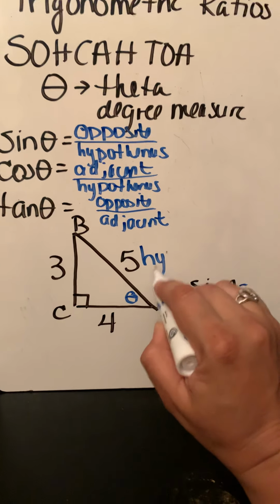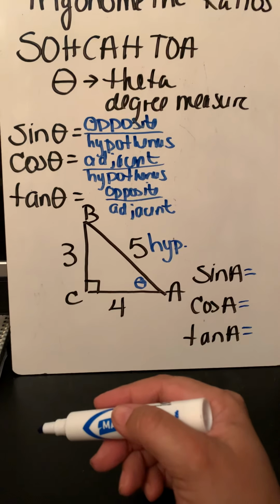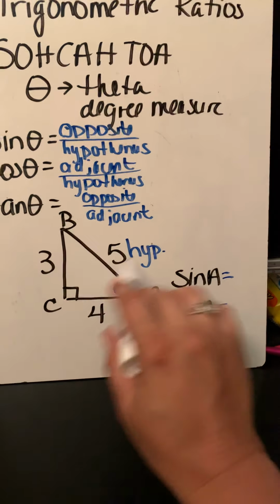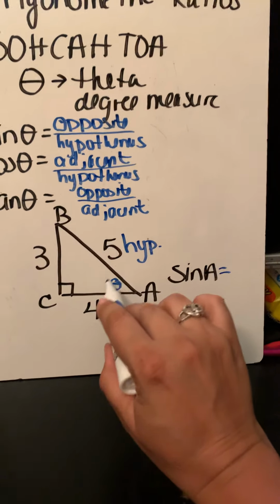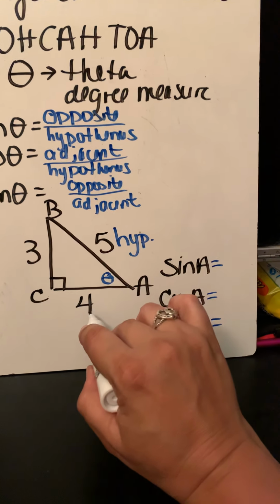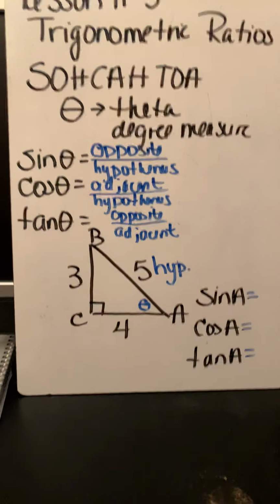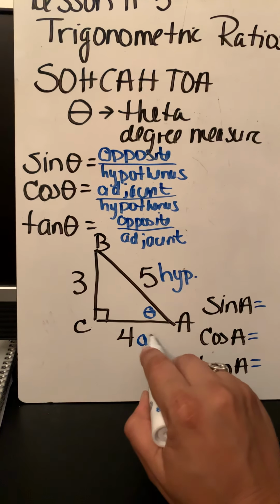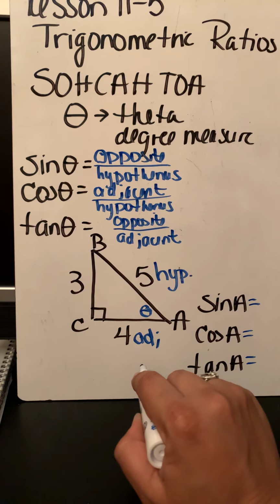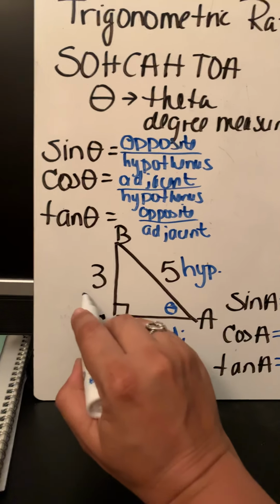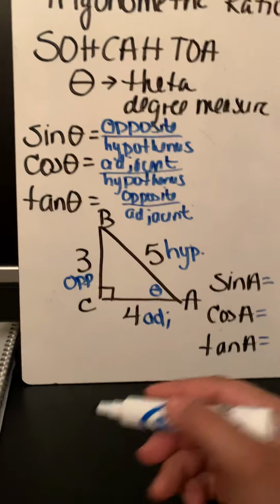So that's my hypotenuse. I'm just going to abbreviate. If you are adjacent to something, that means you're next to it. So the 4 would be adjacent. And across from it would have to be my opposite.